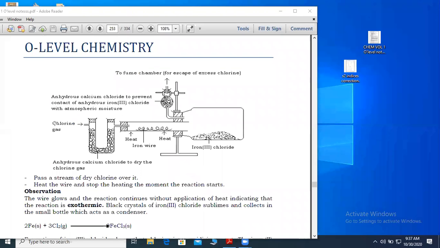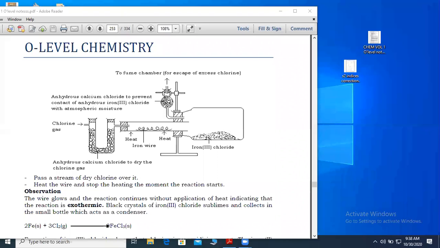And if we ask for the conditions, then chlorine must be dry. That's why you are seeing it is passed over calcium chloride to dry the gas in a U tube. The conditions are chlorine gas must be dry. Then the iron must be heated. It must be red hot.